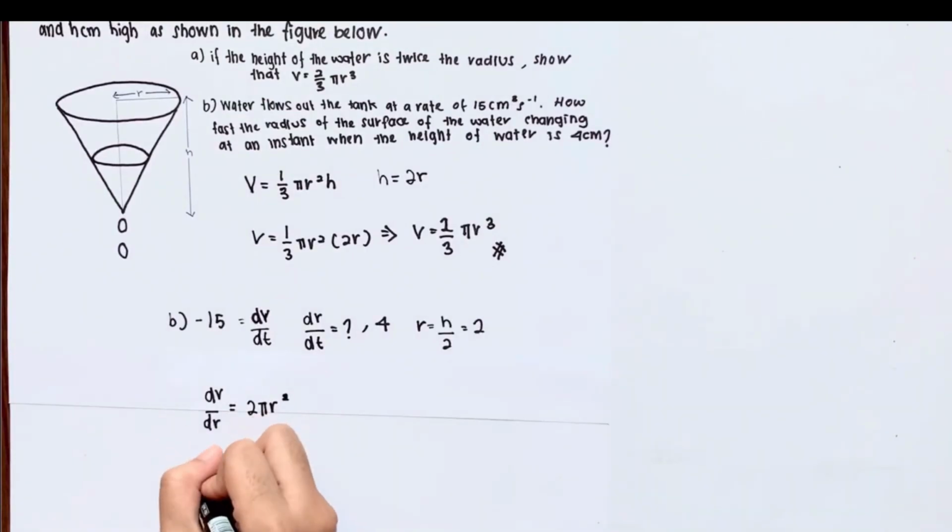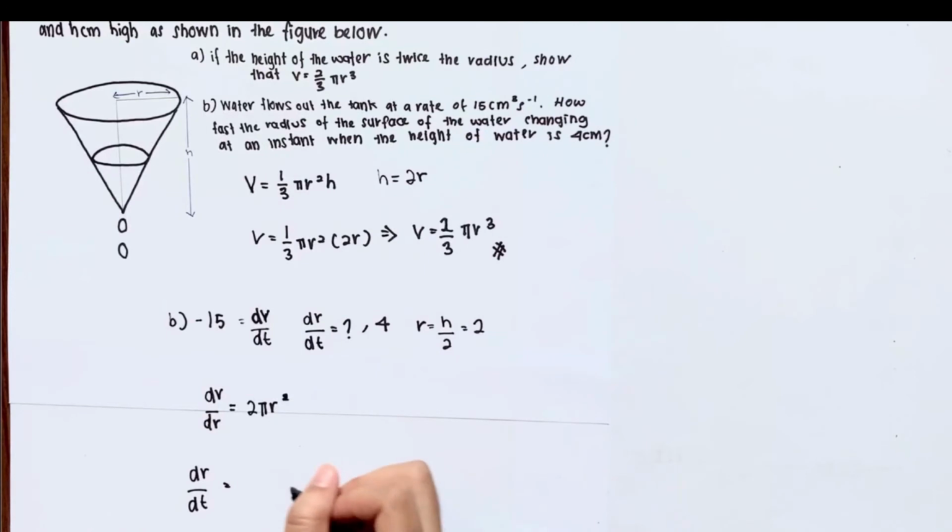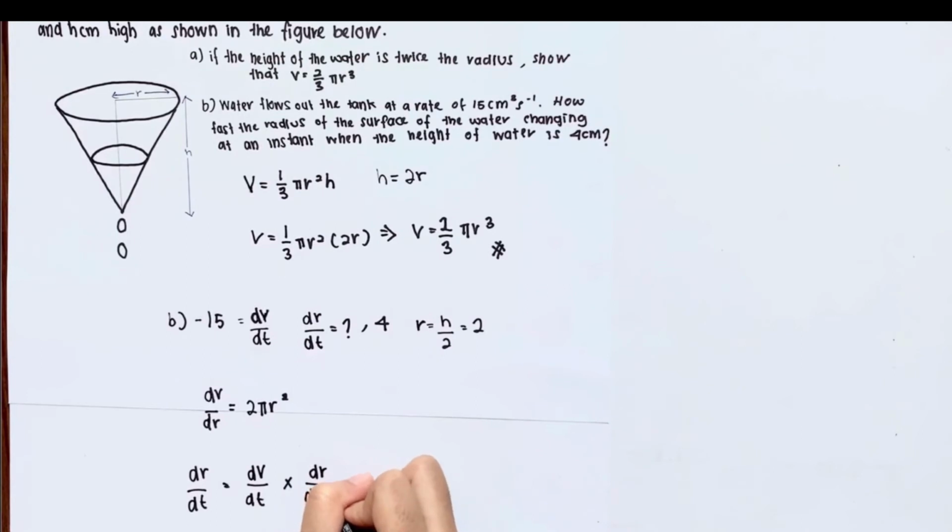So, dr per dt is equal to dr over dV times dV over dt.